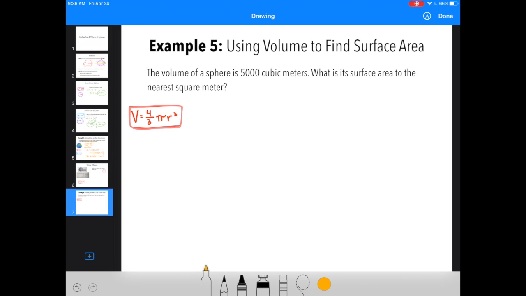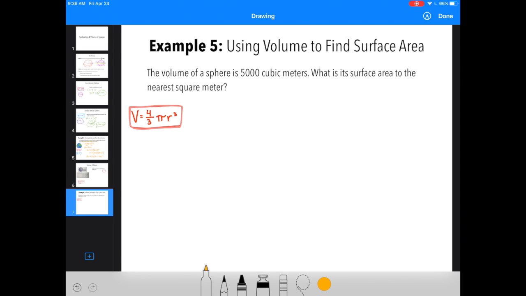Just like when we use the circumference to find the surface area, we can also use the volume to find surface area, because really the only quantity we're plugging into those equations is radius. So within each equation, if I can isolate that r, well, then I can solve for the other equation.